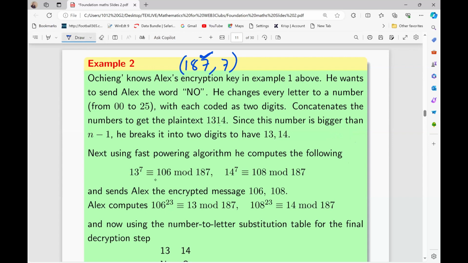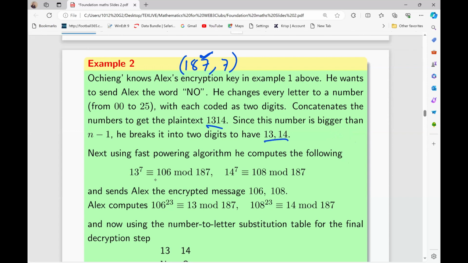So we've discovered this number is greater than M minus 1, so we break the number into 2. If it's a long number, you break it the way you want. Let me say you had 13, 14, 19, 20, 25.